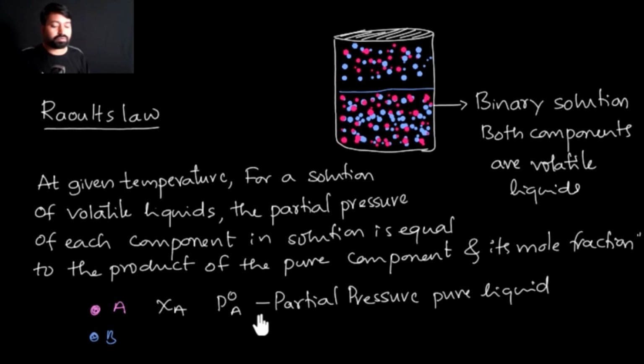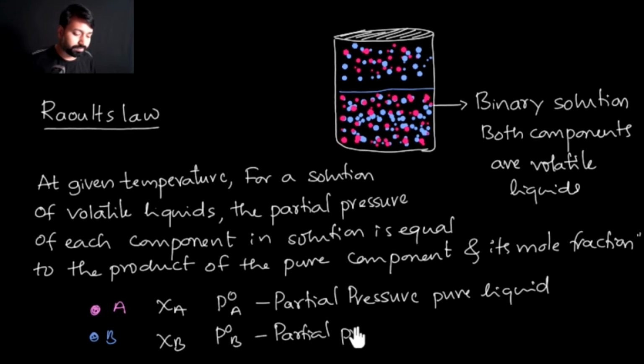There is 100% of only A component. And for B, we can write xi B as the mole fraction, and P naught B as the partial pressure of pure liquid B. Let me write here liquid A.